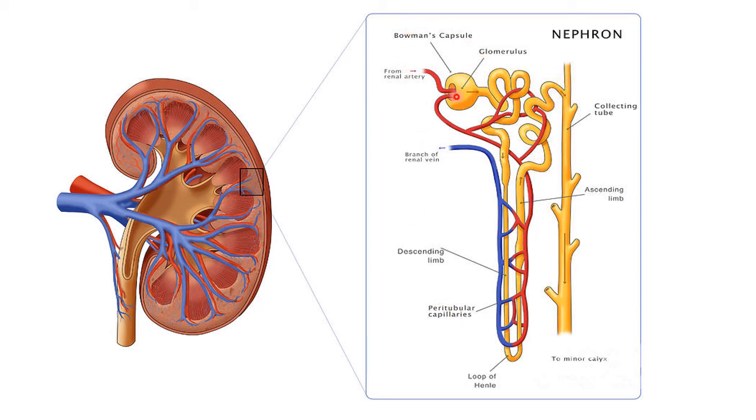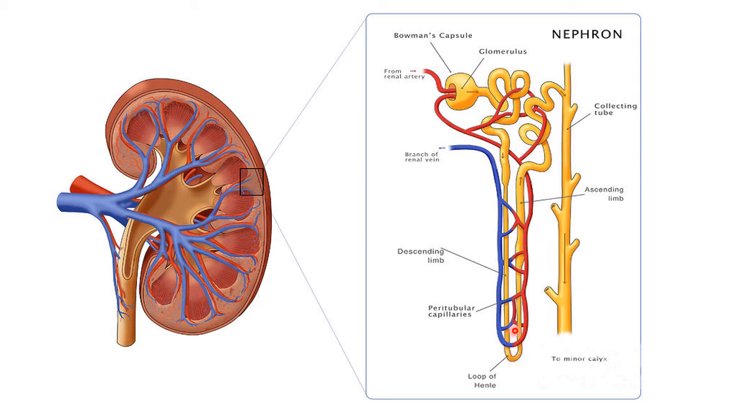A Bowman's capsule consists of glomerulus and water, waste products, and salts diffuse into Bowman space. It proceeds into PCT. PCT consists of microvilli. PCT is also called as proximal convoluted tubule. PCT leads into loop of Henle. Loop of Henle is where all the important salts and some water molecules are absorbed into the blood vessel.